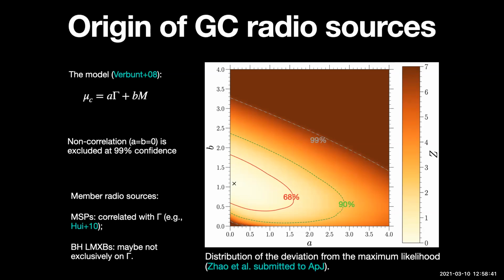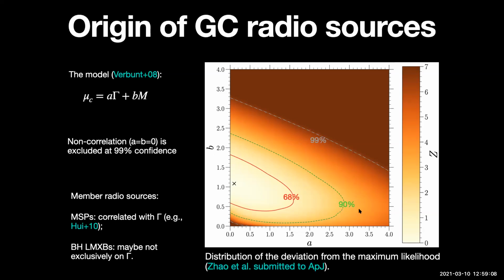But black hole low mass X-ray binaries might have a more complicated dependence on the structural and dynamical parameters of globular clusters. So it does not depend exclusively on gamma or exclusively on mass. As you see, B equals 0 here is excluded at 90% confidence. So it's not exclusively gamma, at 90% confidence.